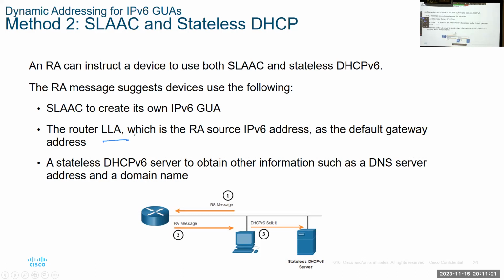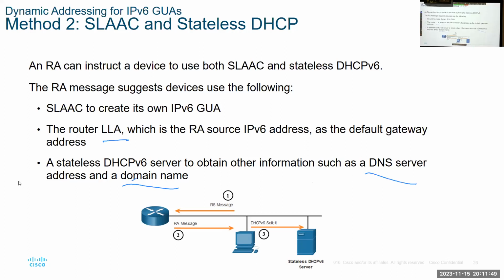So it'll use the link local address of the router, the FE80 address. Then if the router tells it to, the client will contact a DHCPv6 server to get additional addressing information like DNS, domain name, boot P server or whatever is needed.